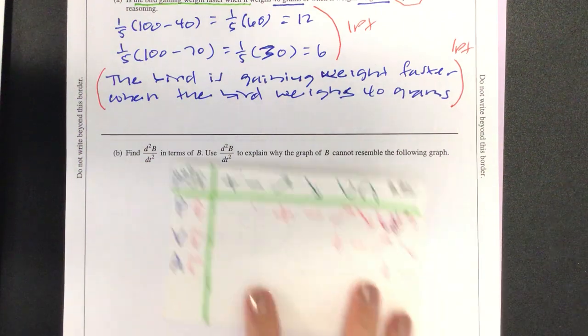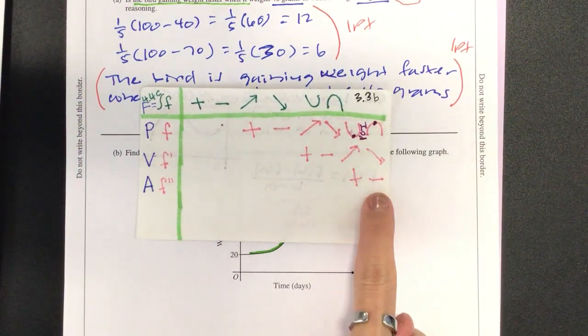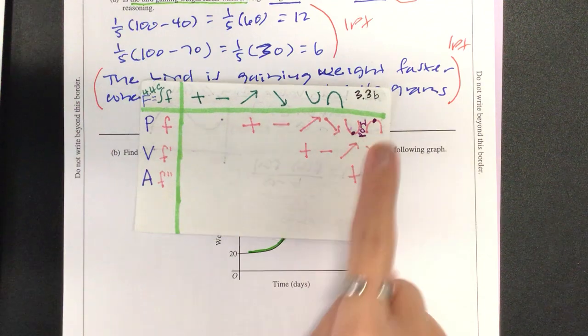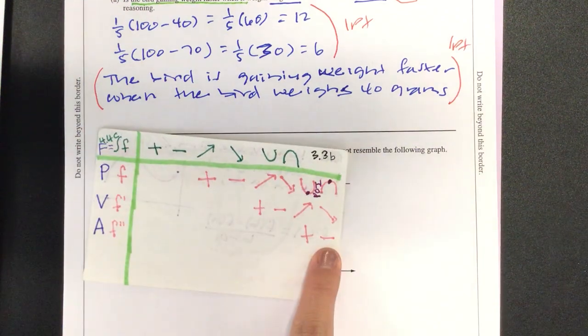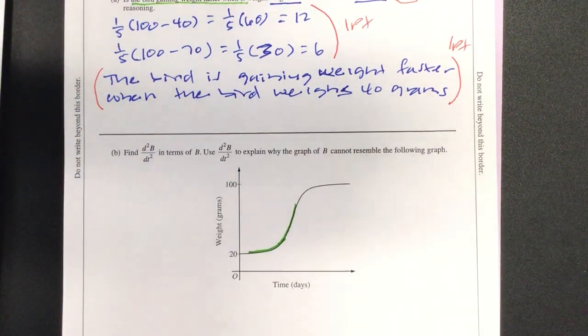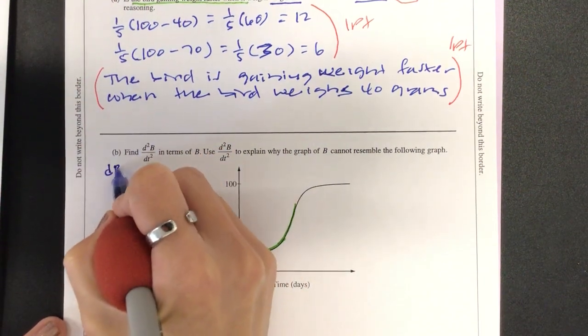Looking at this, concavity happens when it is positive, it's concave up; negative, it's concave down. Because it says show me that it is not, we know the actual answer is going to end up being negative. Let's write the original rate, dB over dt.